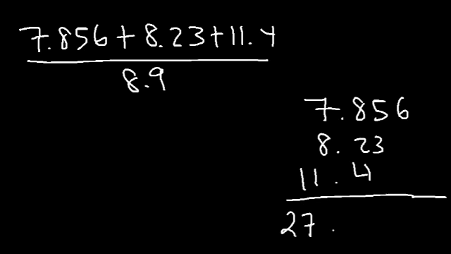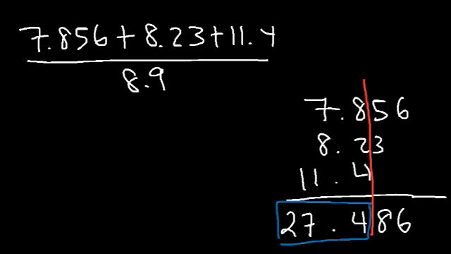That's 27.486. So the least significant number is the tenths digit. So let's draw a line here. So after addition, we should get a number that has 3 significant figures. That number would be rounded to 27.5, even though we're not going to use 27.5 in the calculation.